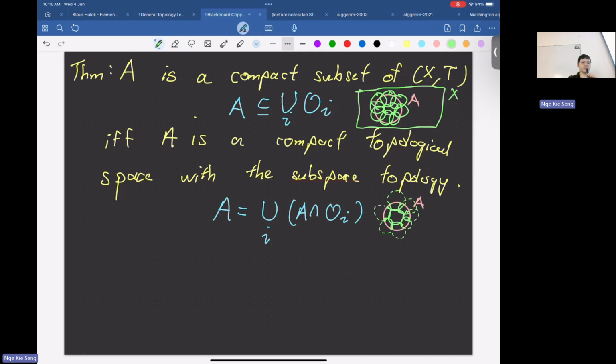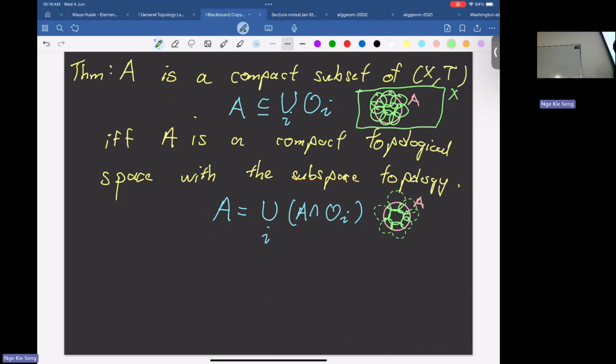Definitely, because to start with the compact definition, you need to start with an open cover.